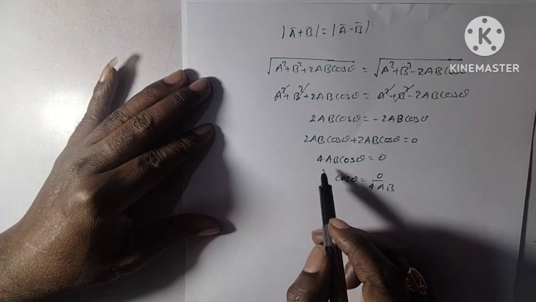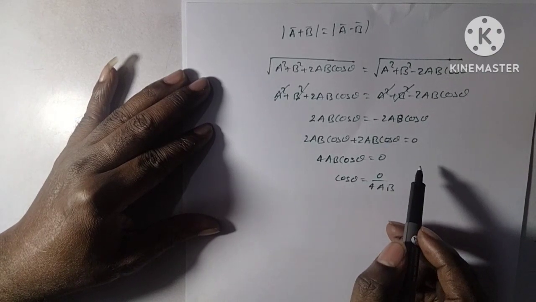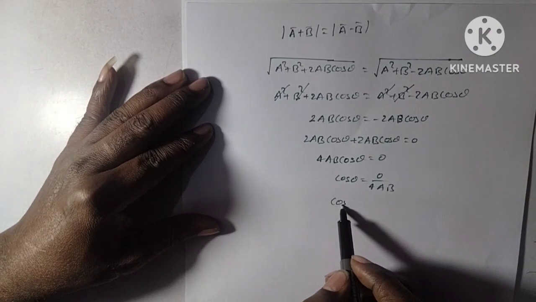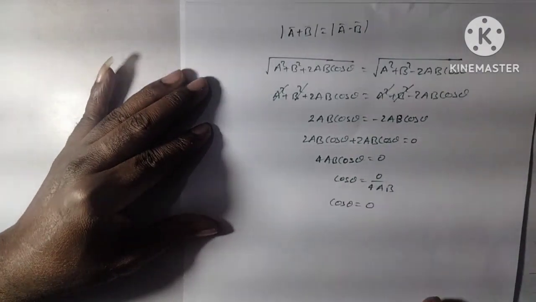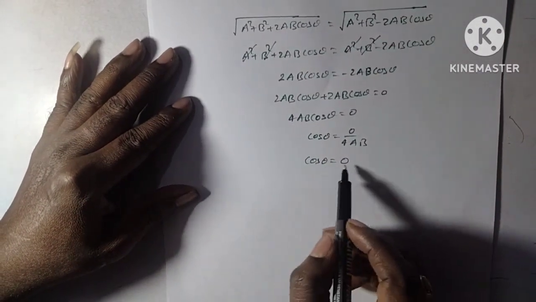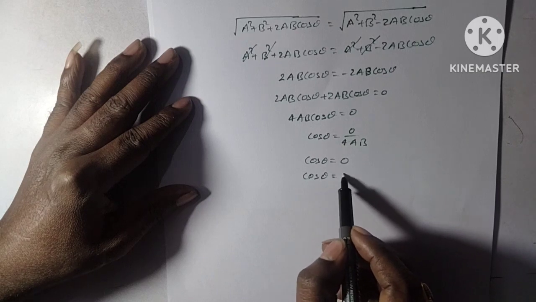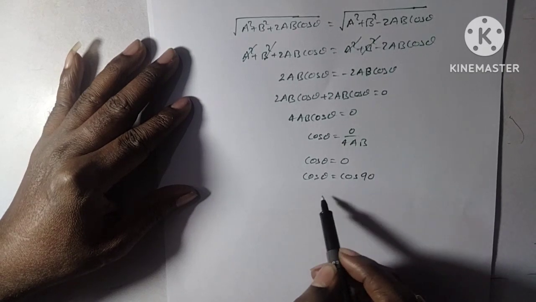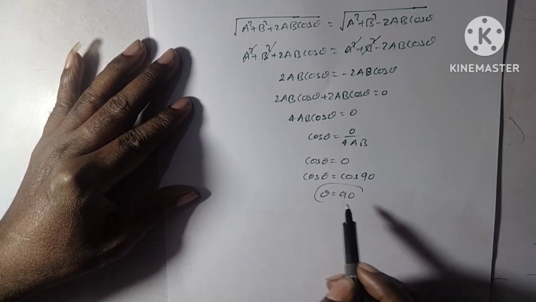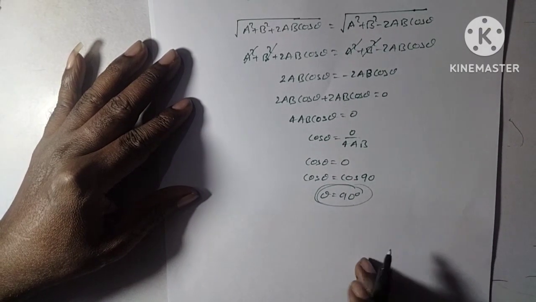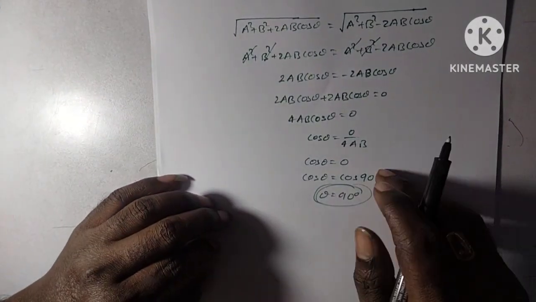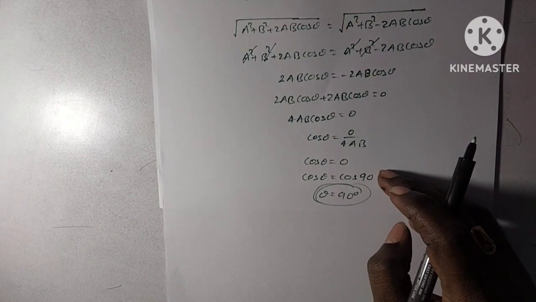Why? Because on the left hand side they are multiplying, so when transposed to that side they go to the denominator. Then cos theta is equal to 0. For what angle does cos theta equal 0? Cos theta is equal to cos 90, so theta is equal to 90 degrees. That means the resultants of these two are perpendicular to each other.